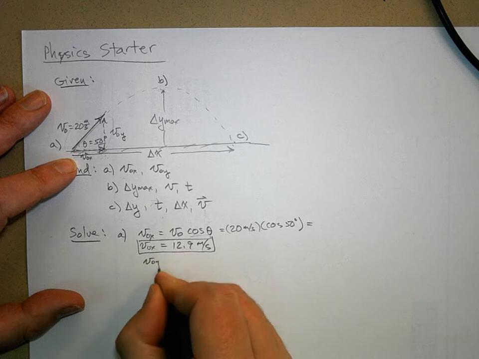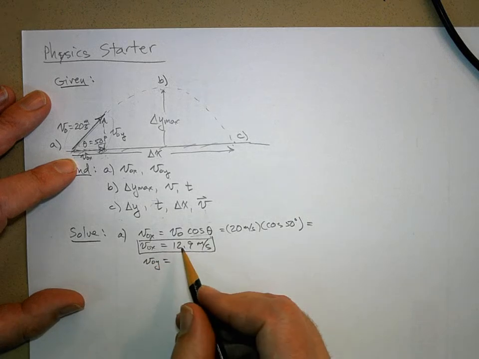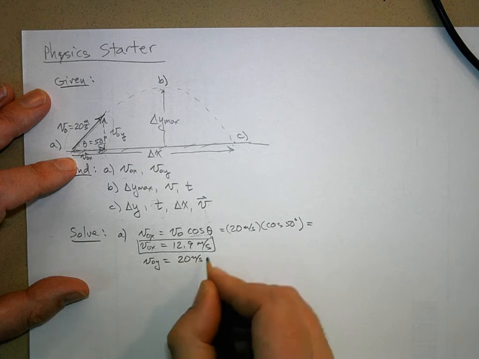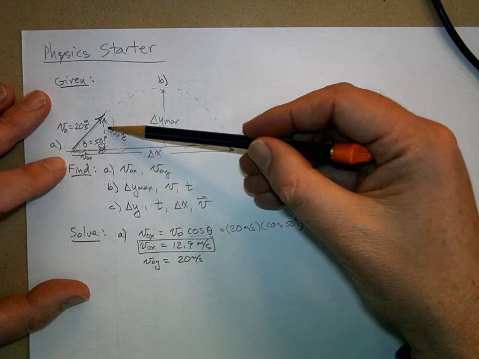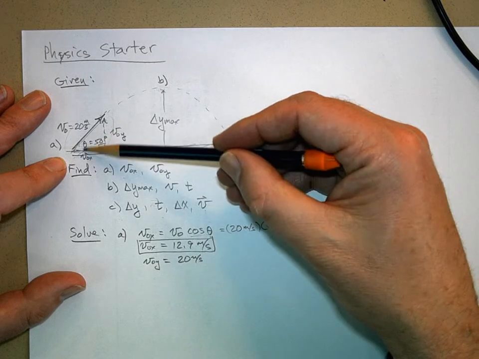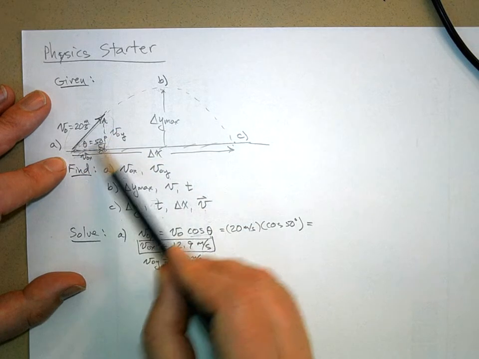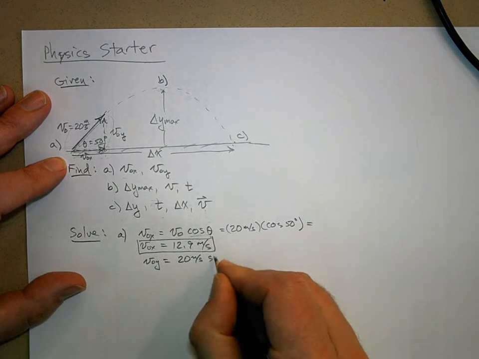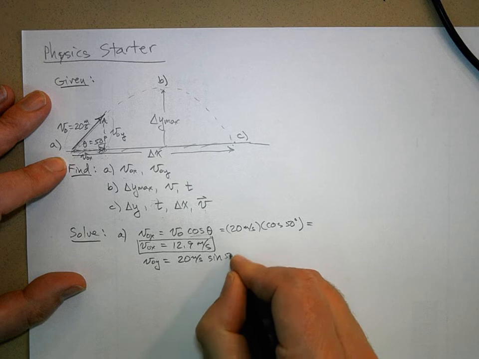Now, v naught y is just the same thing, right? 20 meters per second. But look, that is the opposite leg of that right triangle from this angle. Opposite from this angle. So therefore, you use sine. You use sine when you want the opposite leg. Sine of 50 degrees.